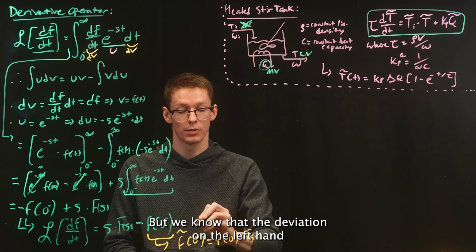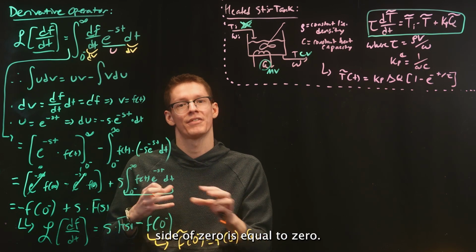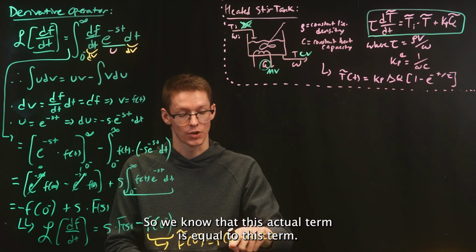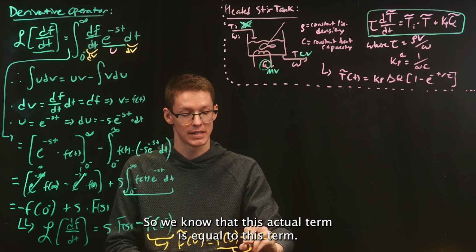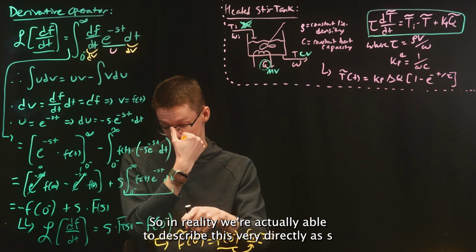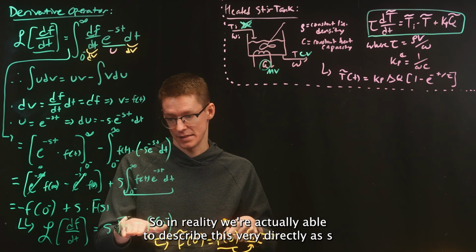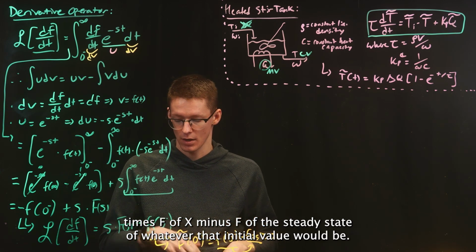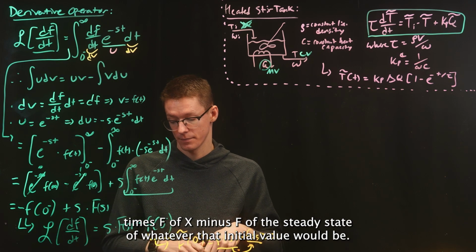But we know that the deviation on the left-hand side of 0 is equal to 0. So we know that this actual term is equal to this term. So in reality, we are able to describe this very directly as s times F of s minus f of the steady state of whatever that initial value would be.